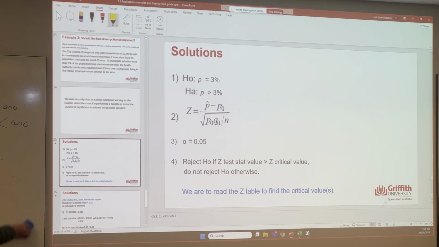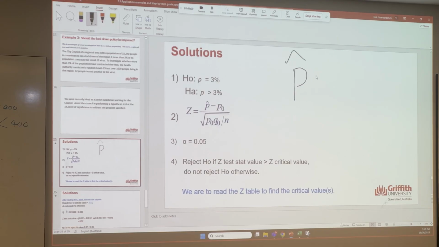P hat is not given here. It's 32 out of 1,000. That is a proportion: 0.032. That is P hat.